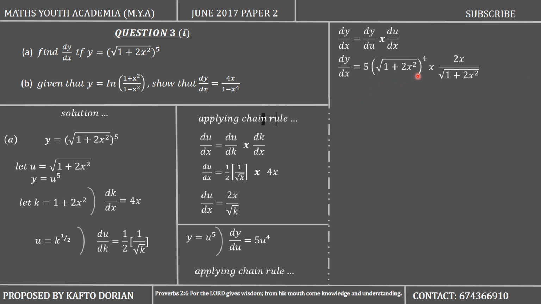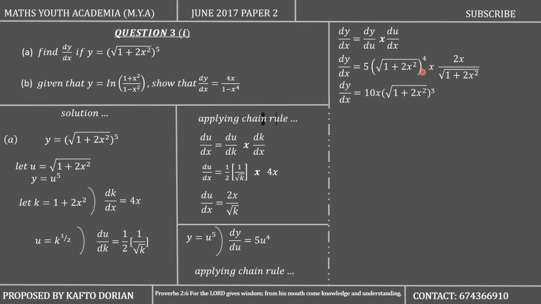Substituting our information, remember that we have 5u raised to the power 4. U initially is root of 1 plus 2x squared, which we have substituted here, raised to the power 4, times du on dx, which is 2x on root k. K is 1 plus 2x squared.